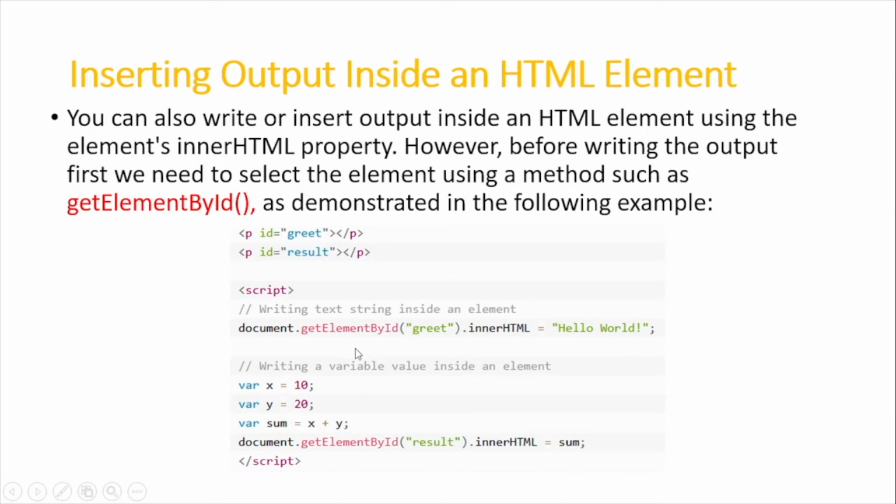We'll be doing that practically. This innerHTML is the property which will assign some data inside the p tag or p element. So this is what the getElementById method is. Let's do that in a practical way.